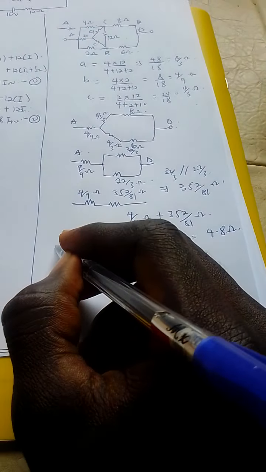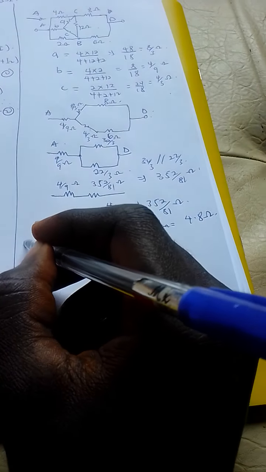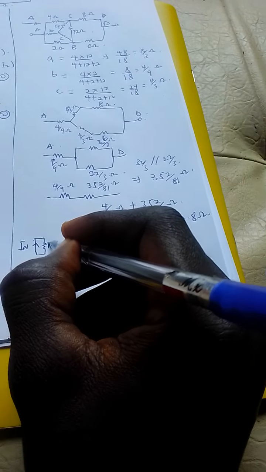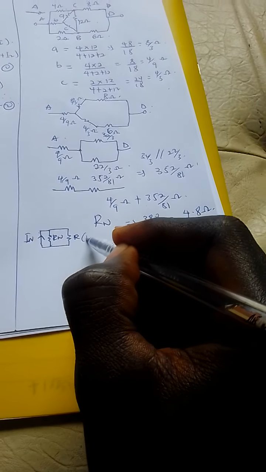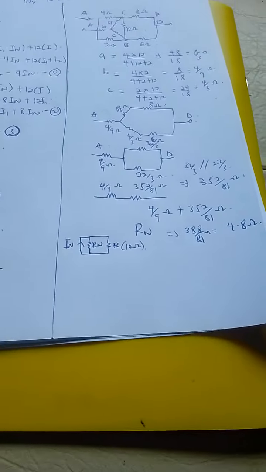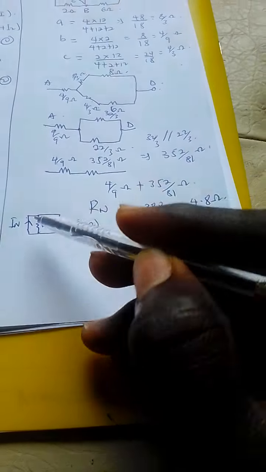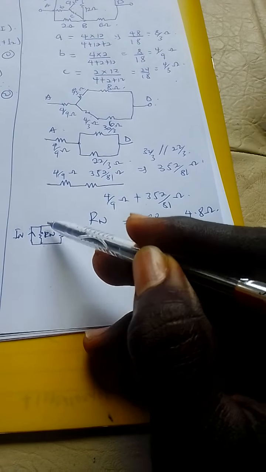So assuming you are having the Norton circuit, we have something like our In here in parallel to the Rn, then also in parallel to the resistor we want, and that is the 10 ohms. So we use current division to get the value for the current through this, because the In was split and some will pass through the Rn and some will pass through here.